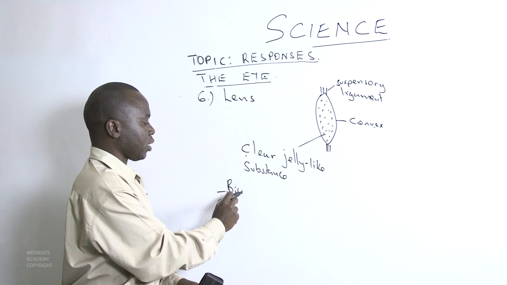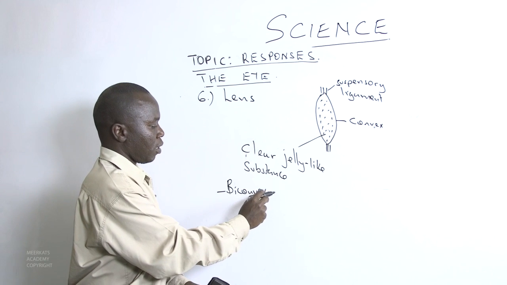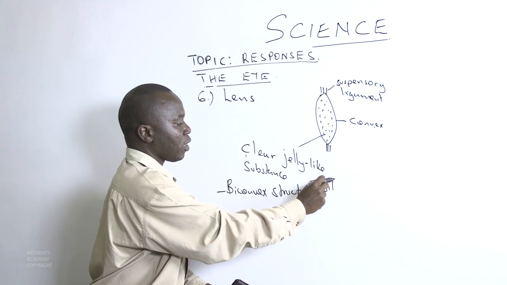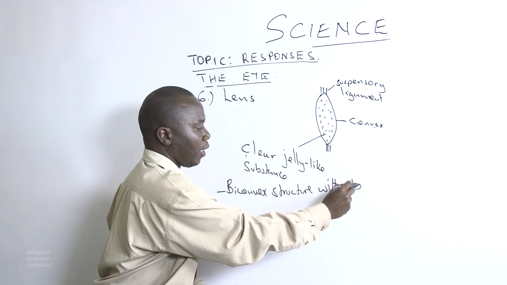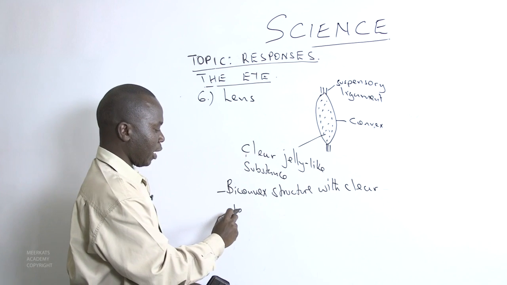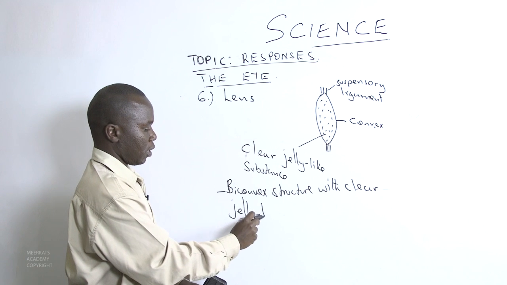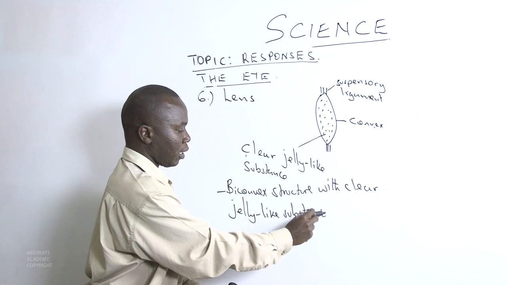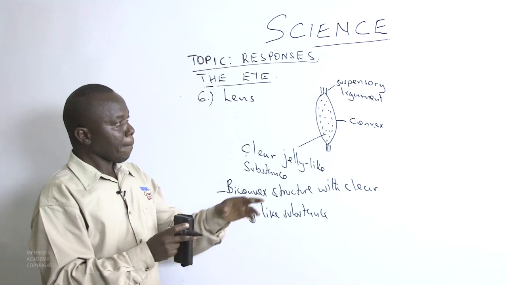A biconvex structure with a clear jelly-like substance.